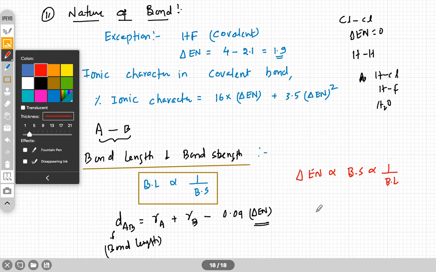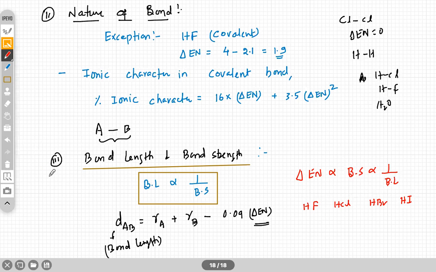So if I ask you, what is the order of bond strength of HF, HCl, HBr, and HI? Done?